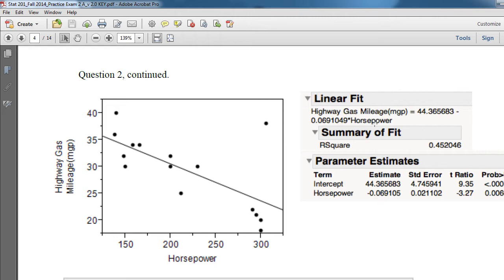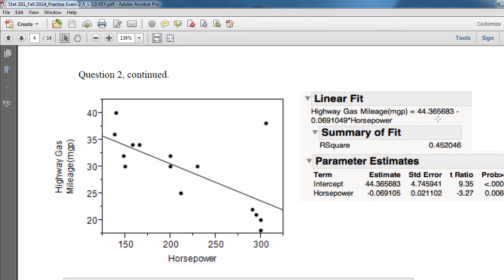This is in your notes too, but make sure you can understand what the equation is. That says predicted y equals y-intercept plus the slope times the x variable. So let's go ahead and interpret the y-intercept right here.